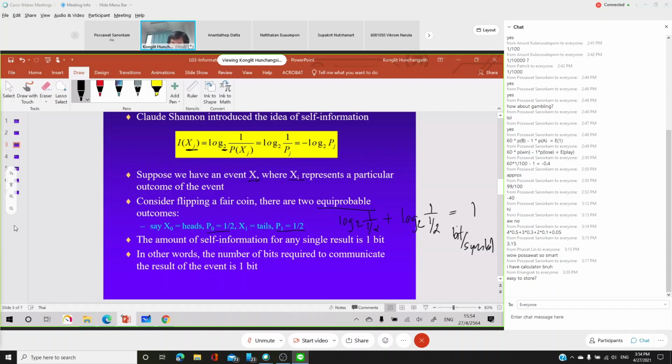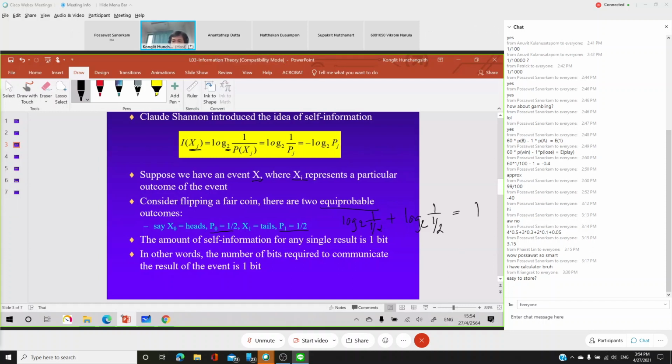I'm sorry. If we are calculating the average, or the expected information, we have the information, right? This is the information, and when we calculate the expected value, we have to multiply by the probability in front.